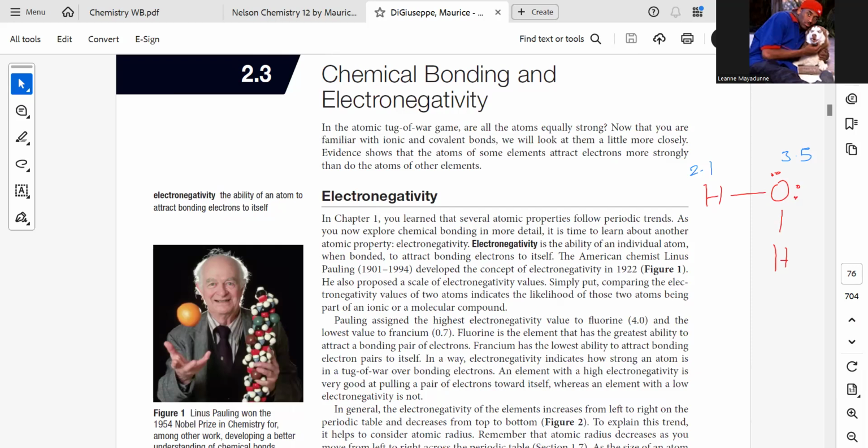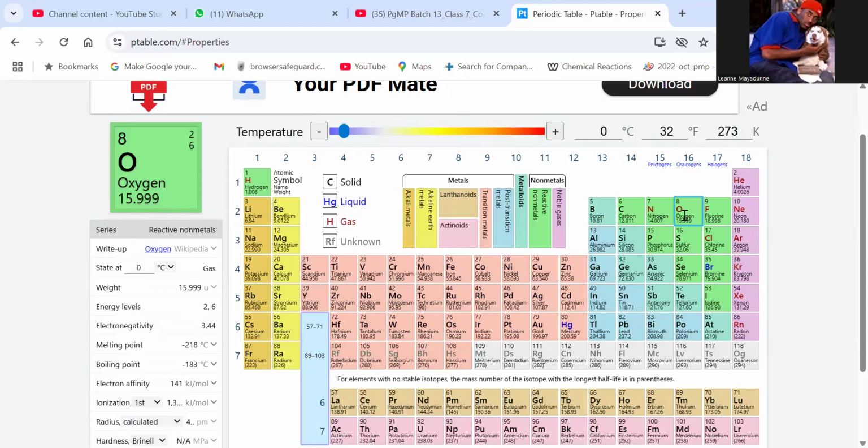Can you go to ptable.com, move your cursor on oxygen and look on the left hand side? Yes, it's 3.44.